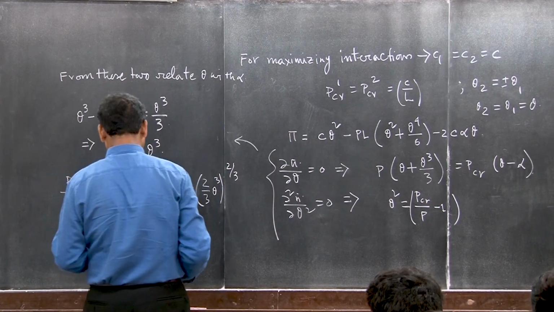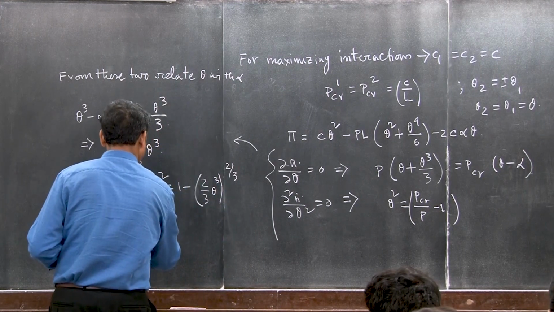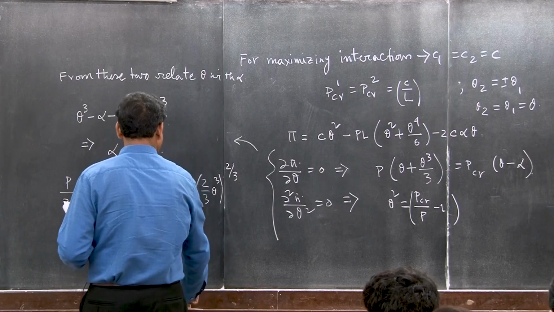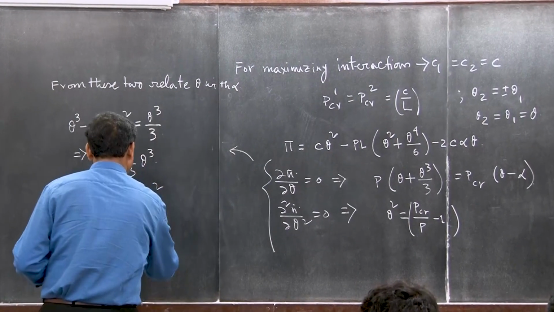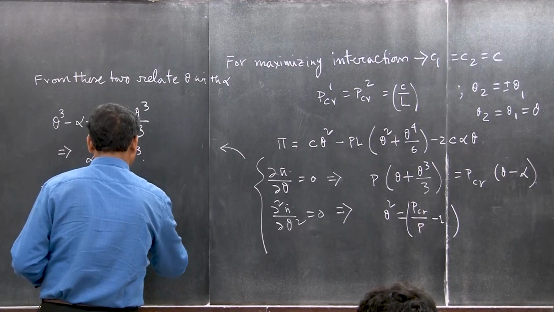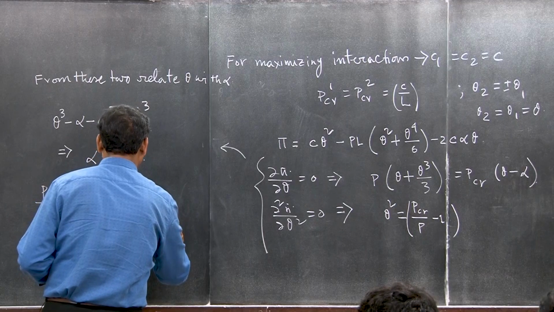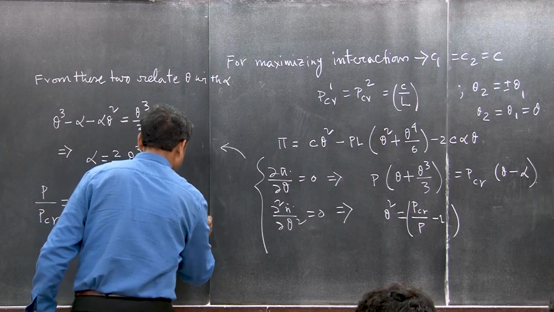So theta square will be 1 minus 3 alpha by 2, to the power 2 by 3.